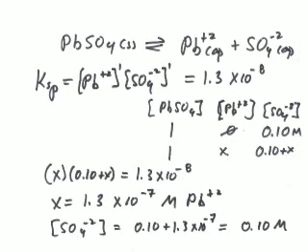We're expecting x to be small, so 0.10 plus x is simply going to be 0.10, and we find out that x is 1.3 times 10 to the minus 7 molar lead ions. The sulfate, 0.10 plus 1.3 times 10 to the minus 7, of course, is just 0.10.